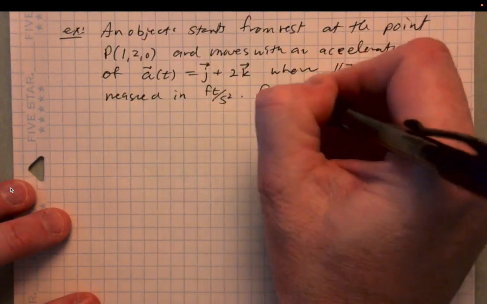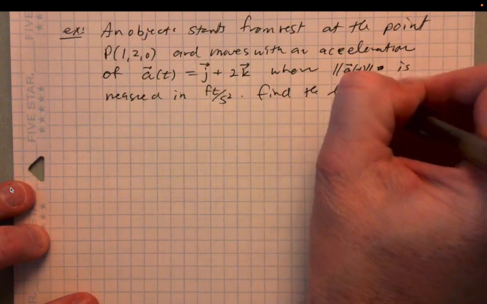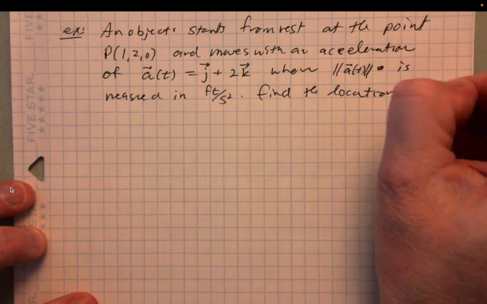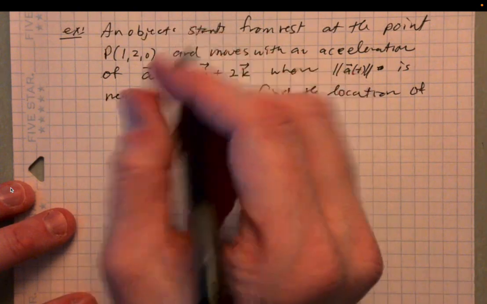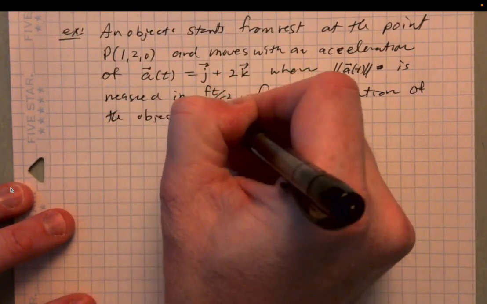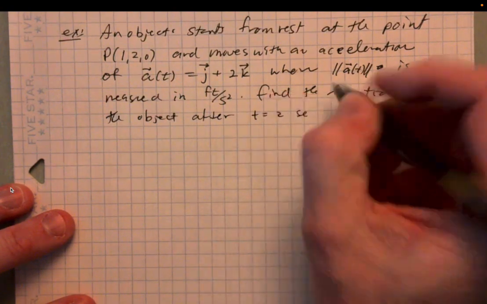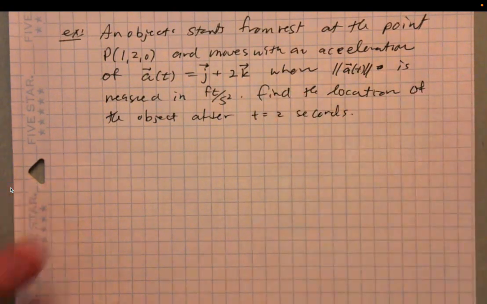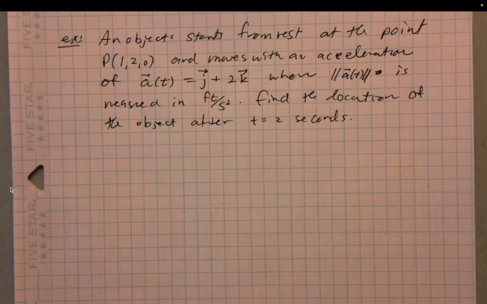So we want to find the location of the object after t equals 2 seconds. Okay, all right, so this is kind of a reverse type of example, right?